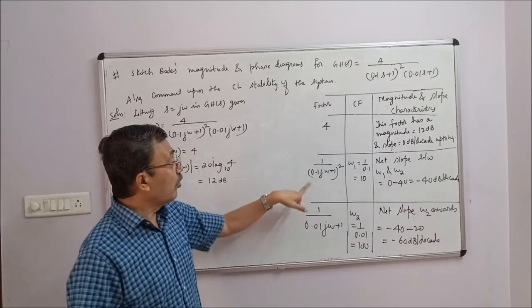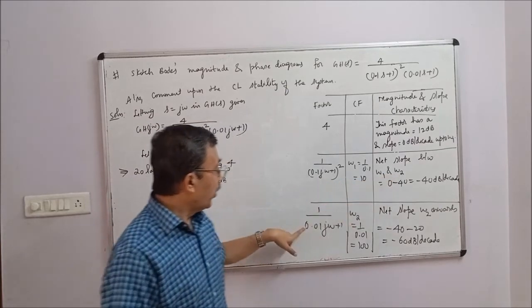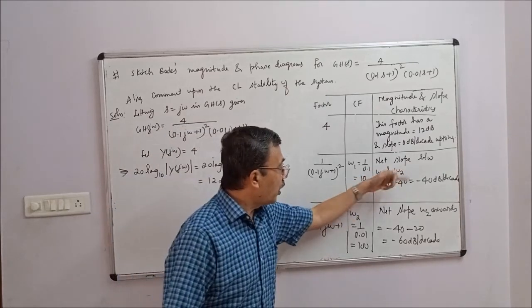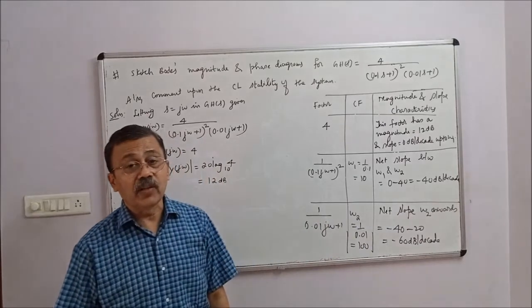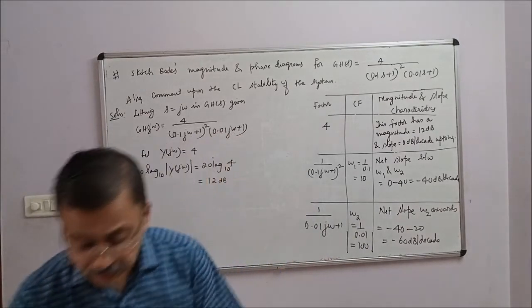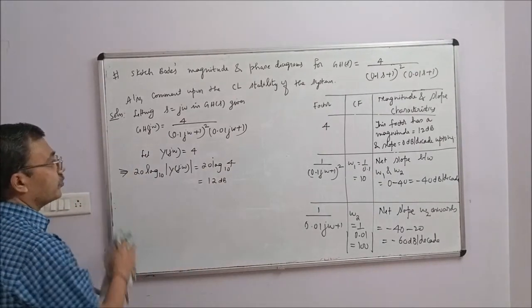The line of slope equal to minus 40 will get terminated at omega 2. At omega 2, this factor will add a slope of minus 20. Minus 40 minus 20 is minus 60. This line of slope equal to minus 60 will continue till omega equal to infinity. Using this table, I will now draw the magnitude diagram.